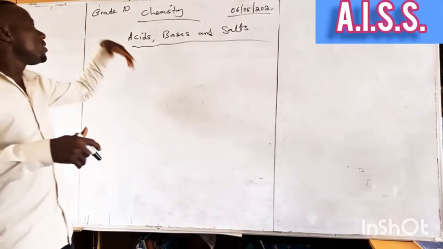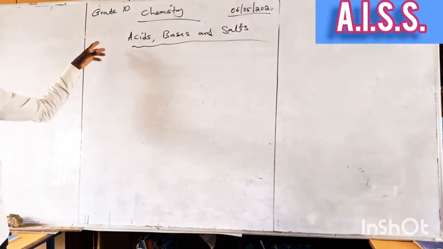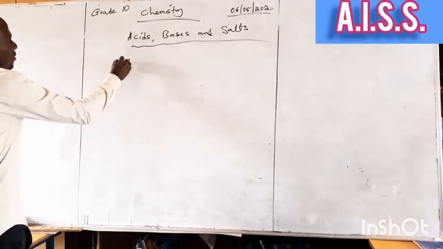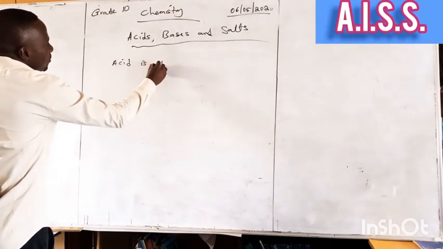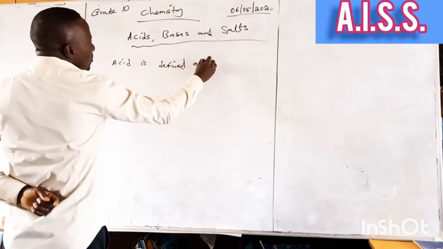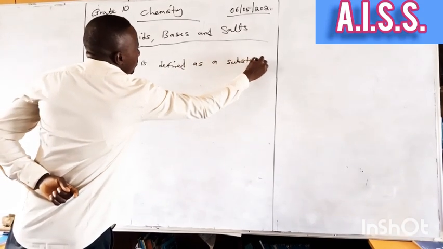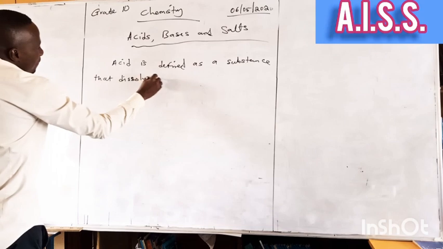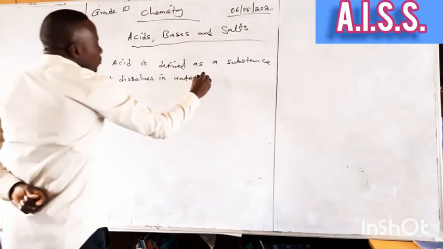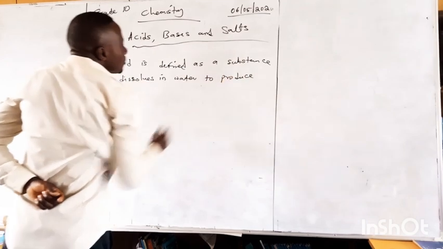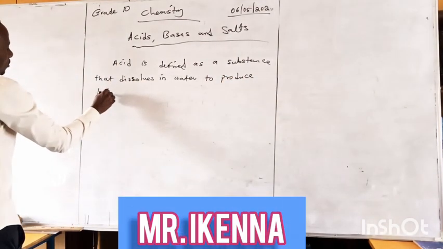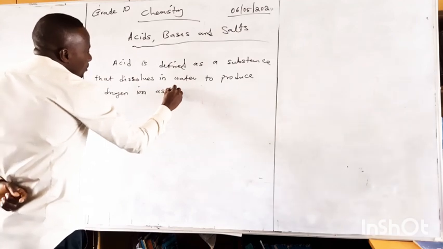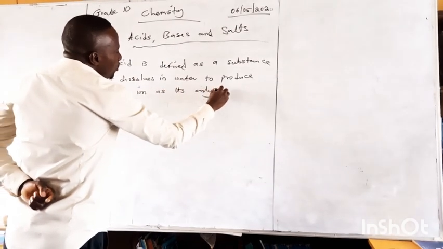Titration, the practical we did last time. I told you that we can define acid as a substance that dissolves in water to produce hydrogen ion as its only positive ion.